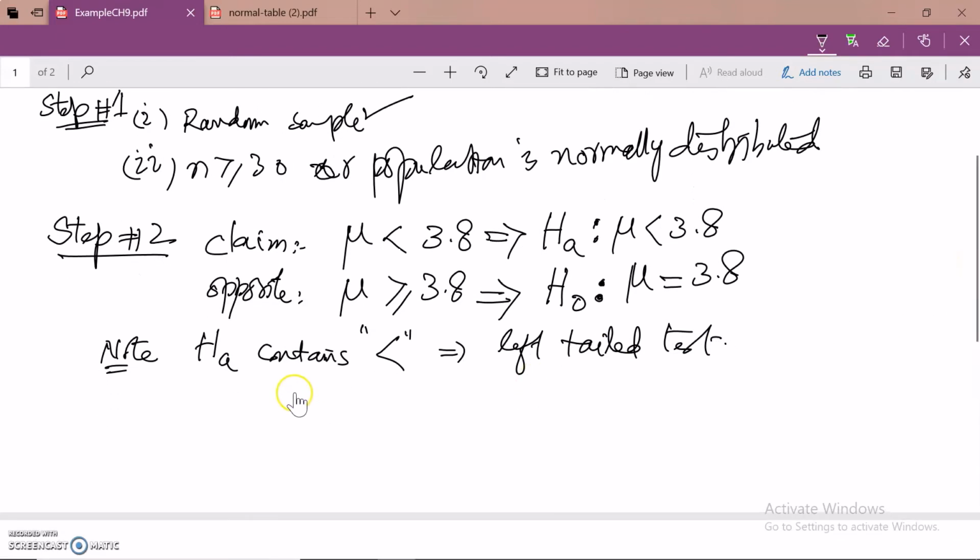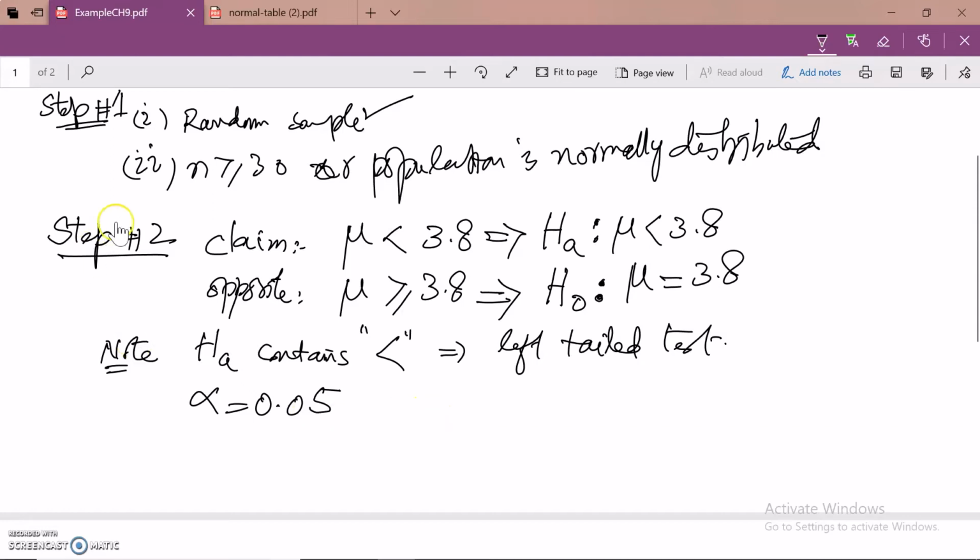Another thing we can see is the value of alpha. Alpha is equal to 0.05, right? So our significance level is alpha, and that's 5%. We are testing this hypothesis at the 5% significance level.